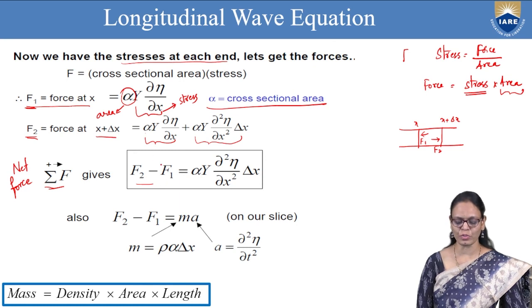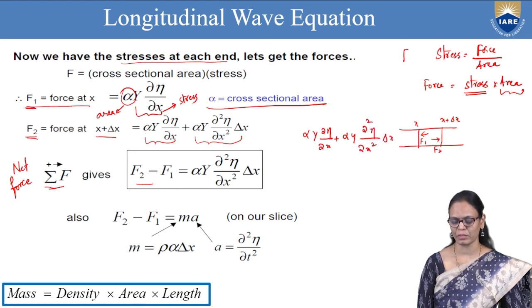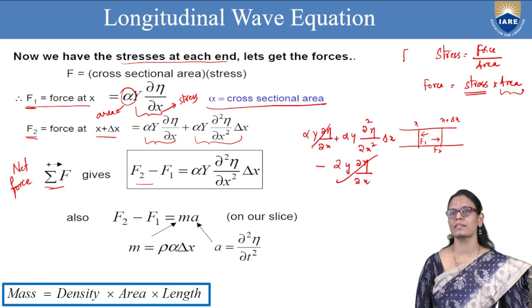So what is F2 minus F1? We have F2 as alpha Y ∂η/∂x plus alpha Y ∂²η/∂x² into delta x, minus alpha Y ∂η/∂x. These two terms will get cancelled.